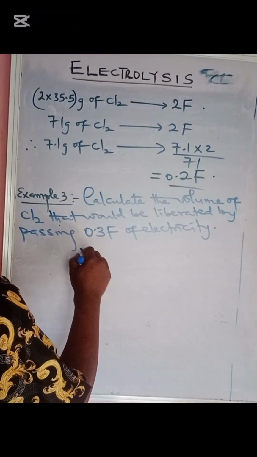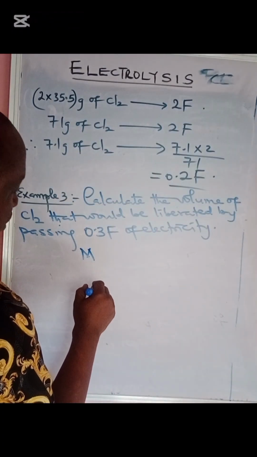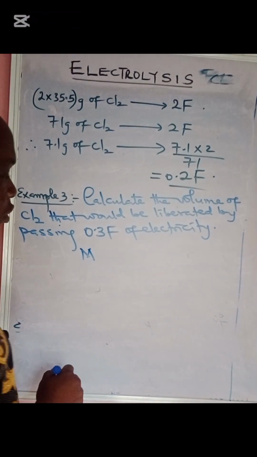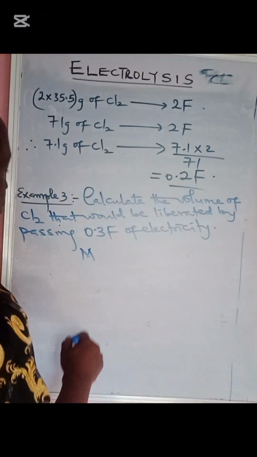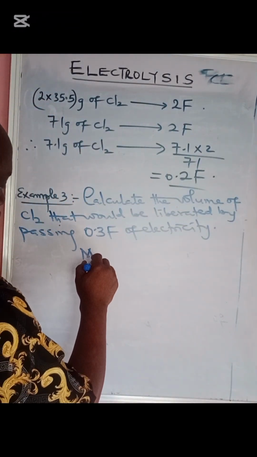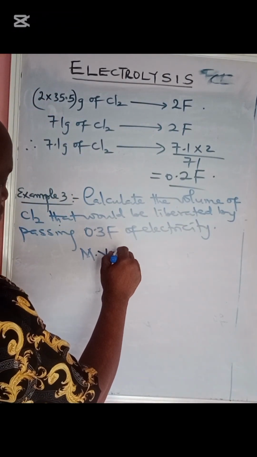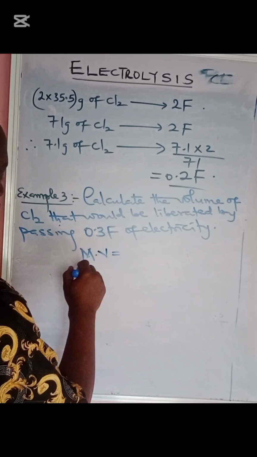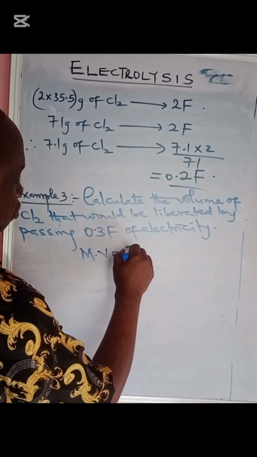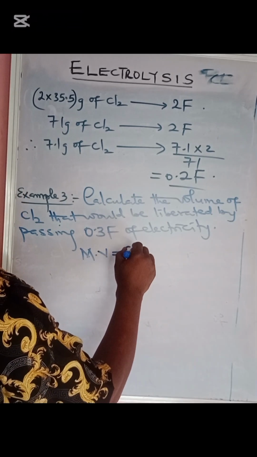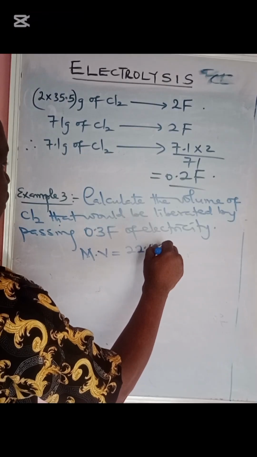Take molecular volume of the gas at STP to be 22.4 dm³.